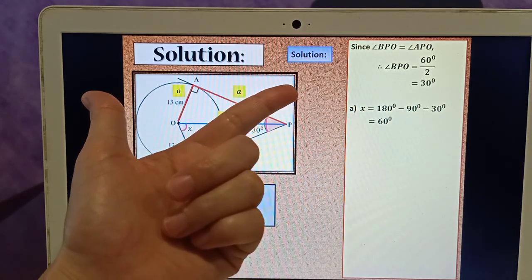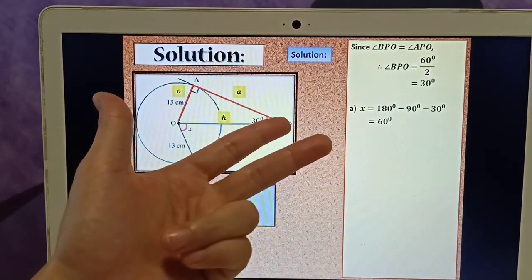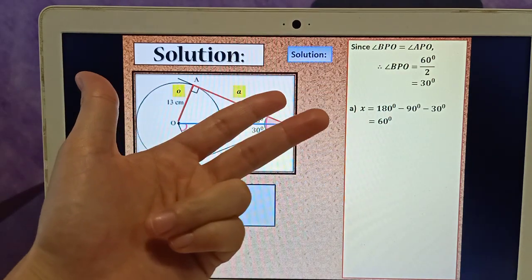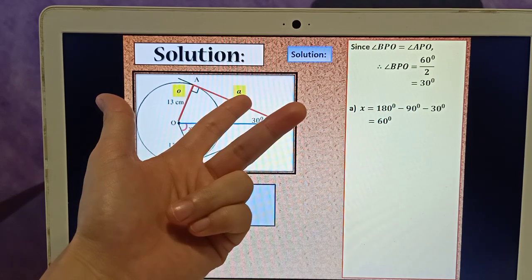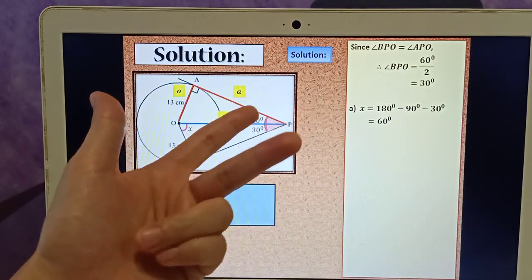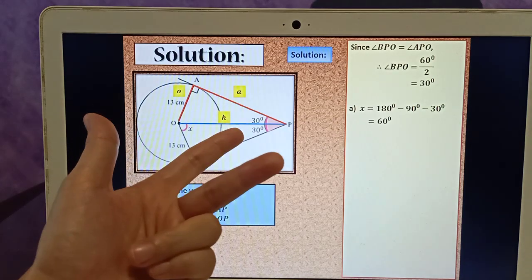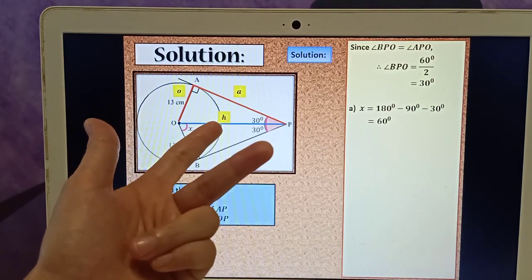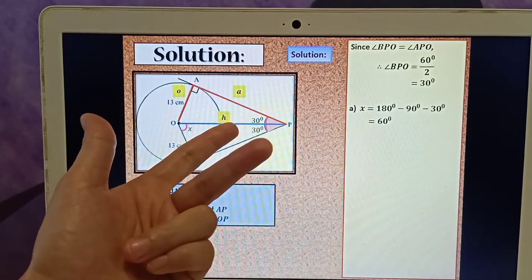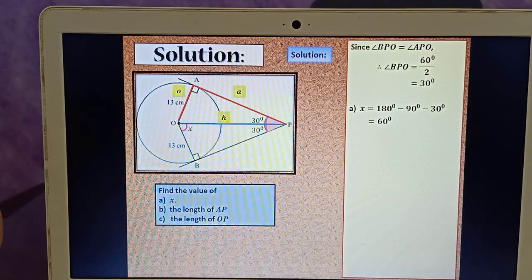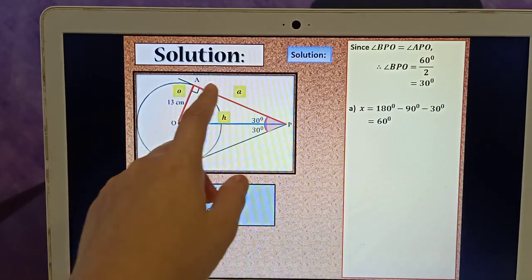So I need to use either CAH or TOA, right? If I want to use CAH to find my adjacent, I need to know my hypotenuse. But in this case, I don't know what my hypotenuse is, so it couldn't help me with the CAH. So I need to go for the last choice, TOA, tangent, because tangent is equal to opposite over adjacent.